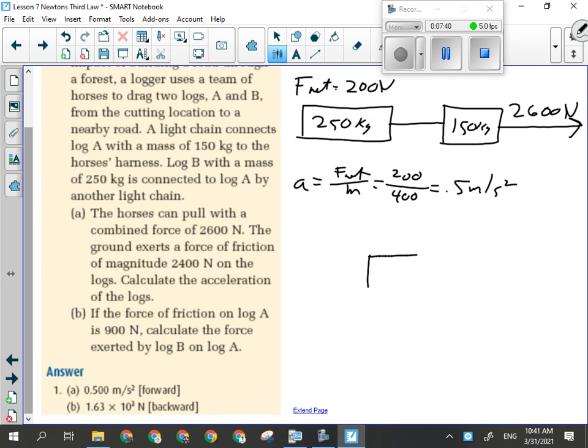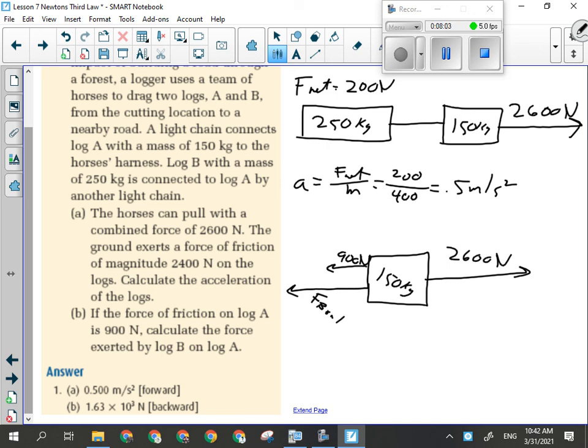So I'm going to draw a free body diagram of log A. It's 150 kilograms. It's being pulled by the horses directly this way with 2,600 newtons worth of force. There are 900 newtons worth of friction. And the drag from log B, pulling backwards.